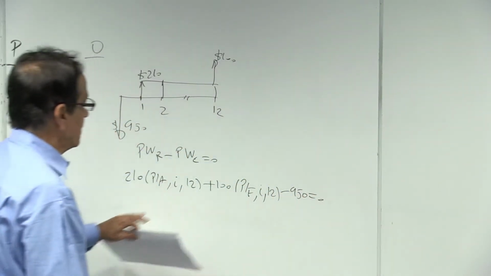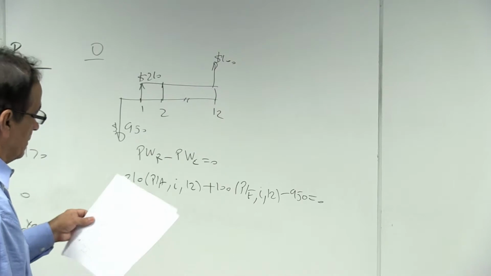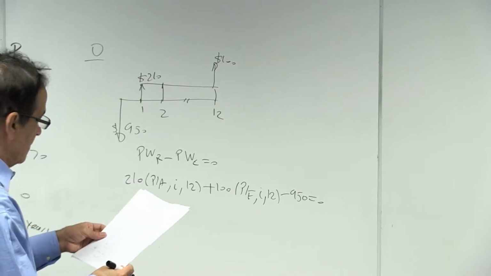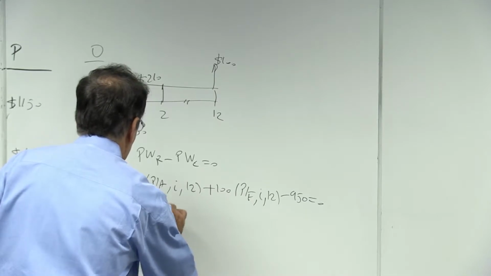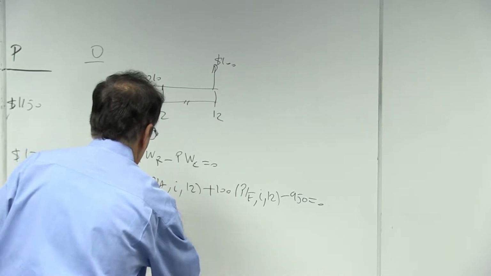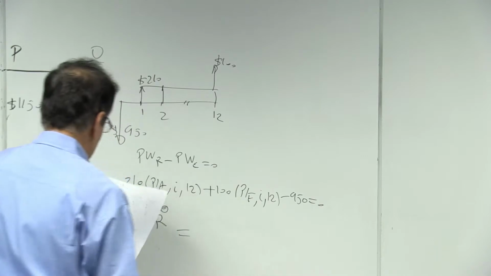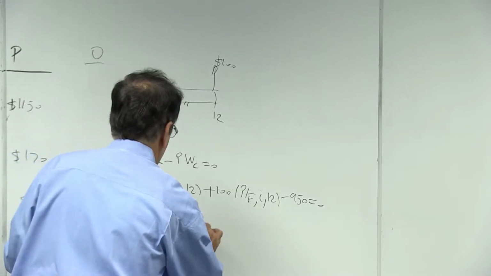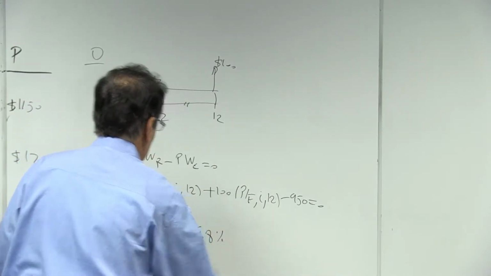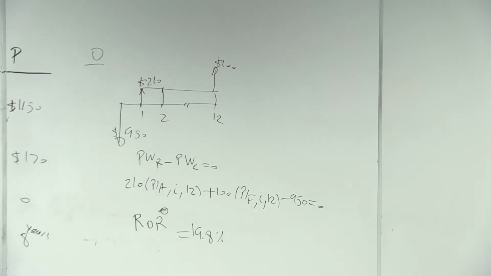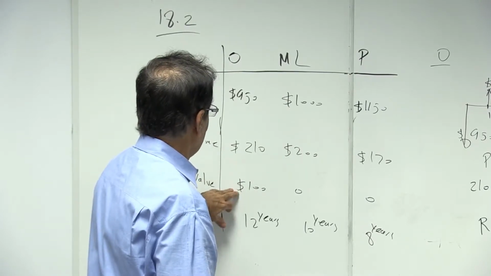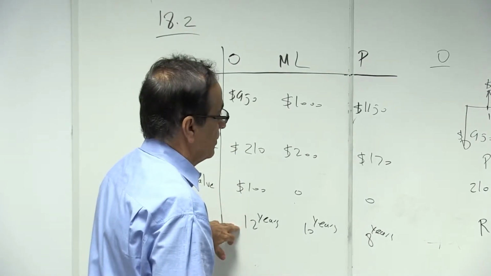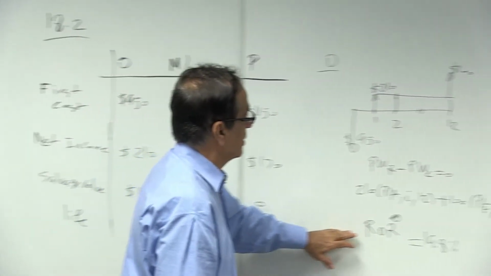I'm not going to solve for i here because we have done it in previous chapters many times. The rate of return for the optimistic value is 19.8%. These values are the most optimistic, with the lowest cost, higher income, higher salvage value, and longer life, so obviously I get a higher rate of return here.